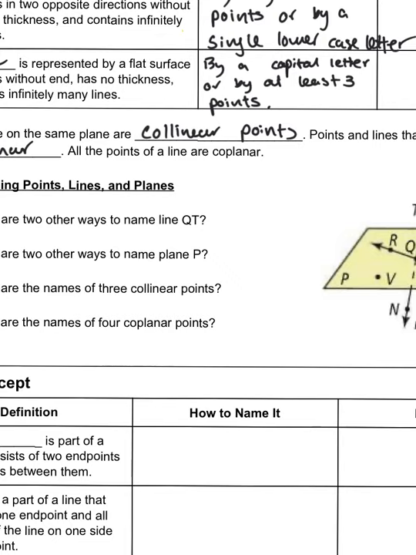All right, so over here we have a plane with some points and lines. And part A asks us what two other ways to name line QT. So we want to look at this line right here. Now we can name it not only QT but TQ.